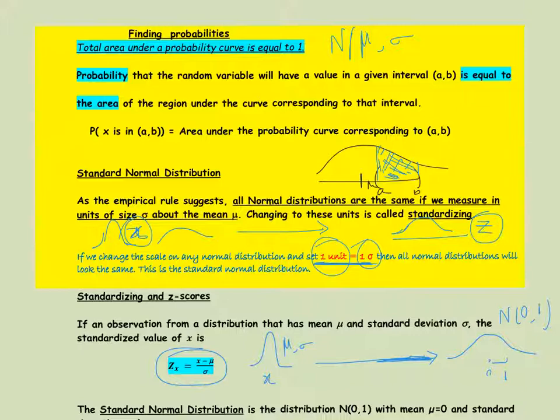So the units have to be standardized and converted to their z values, which is finding their locations on the standard normal distribution. So z is equal to take the x value, subtract mu from it, and divide the value by sigma. And this is called standardizing, that is, changing the scale of a regular normal distribution so it becomes the standard normal distribution.